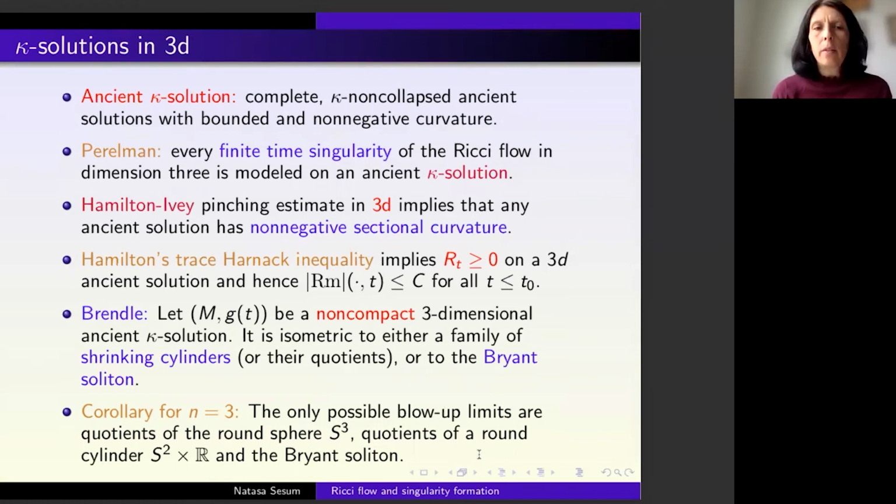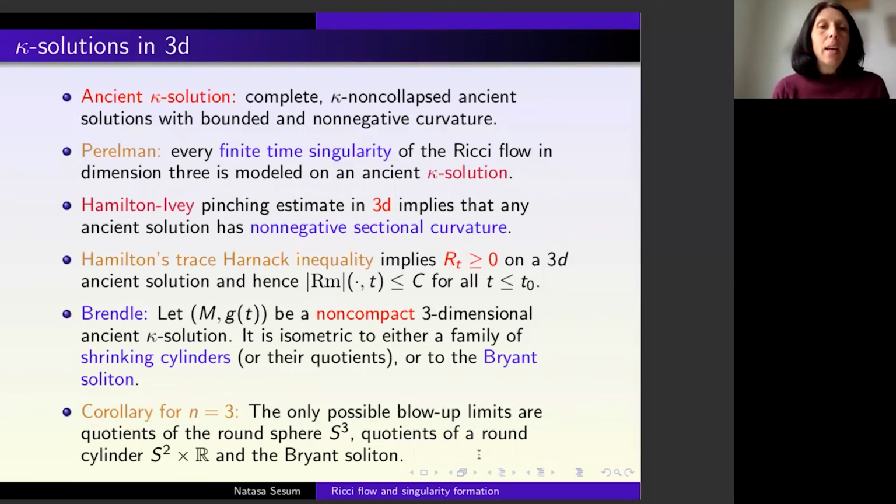Why is that? Briefly, 3D is very special because you have, first of all, the Hamilton-Ivey pinching estimate. This estimate can be used to prove that if you have an ancient solution, it always has no negative sectional curvature.